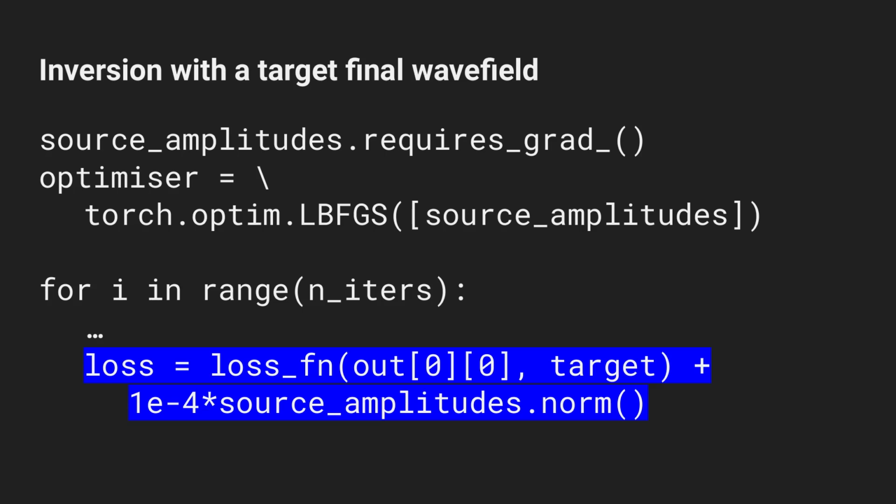I also add the norm of the source amplitudes to the loss function, as I found that that gave more pleasing results. And I think this is a good example of how flexible PyTorch is. We just have to say that we want to calculate the gradient of this loss value that involves both the final wave field and the source amplitudes, and PyTorch will work out how to do that for us. That's all we have to do, so let's see how it works.